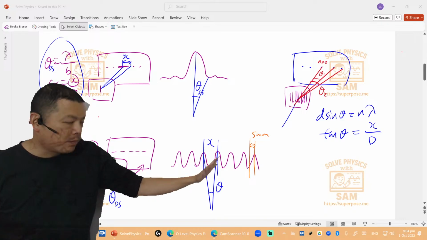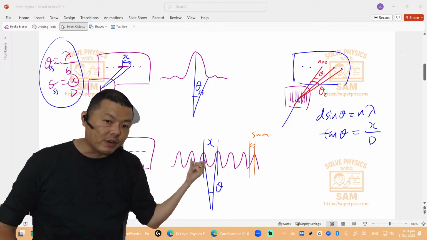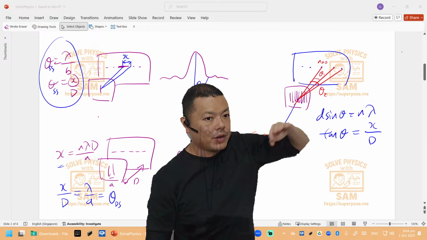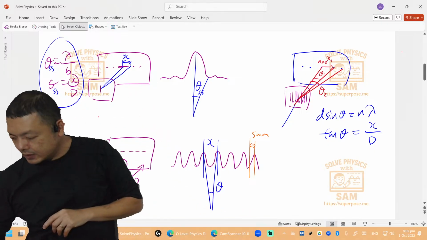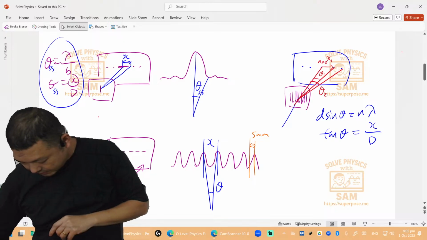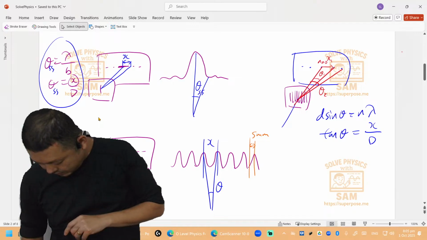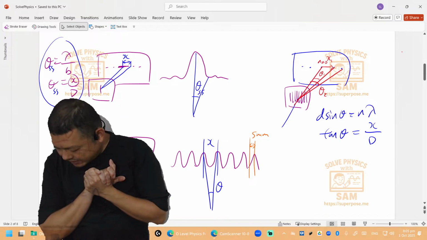Double slit: bright fringe to bright fringe, any adjacent bright fringes, or dark fringe to dark fringe, any adjacent dark fringes. But for diffraction grating, it is central max to the nth order fringe. That's the theta and that's the x. So this one is like x1. Okay, anything else? If nothing else, then I am done.